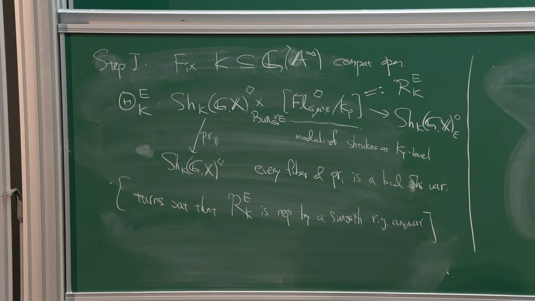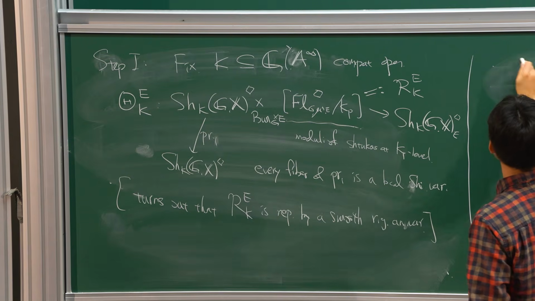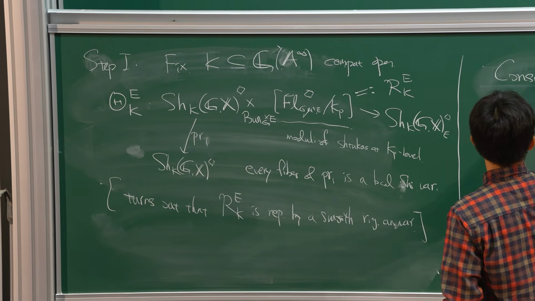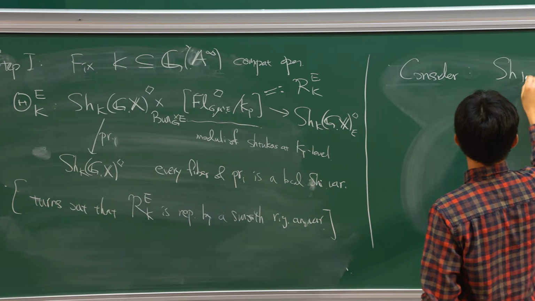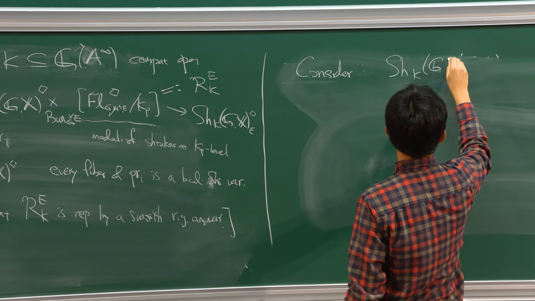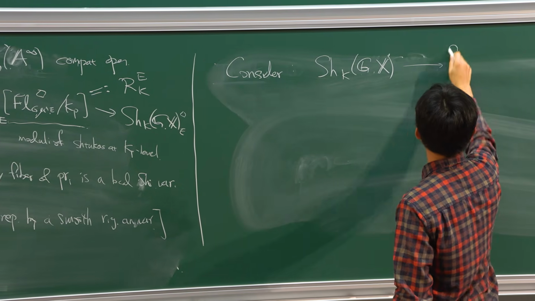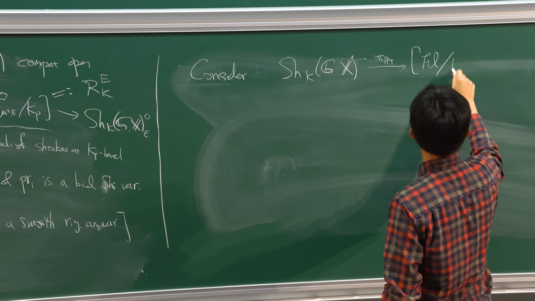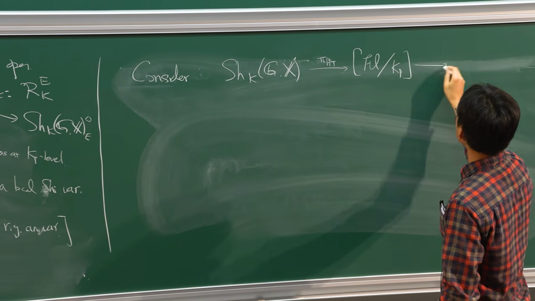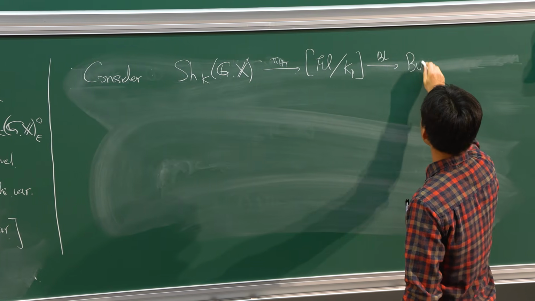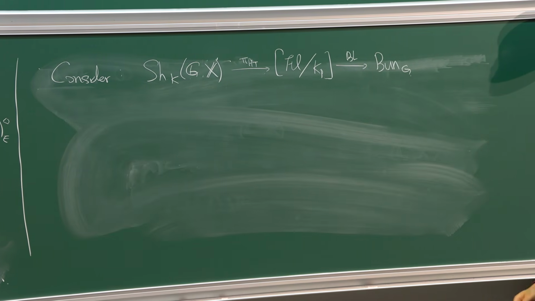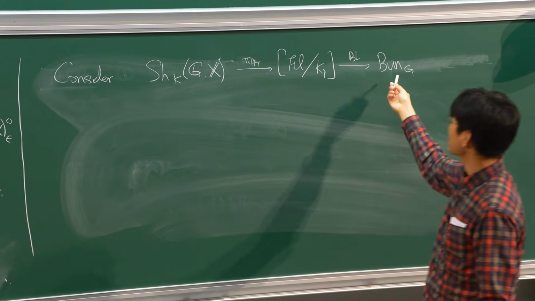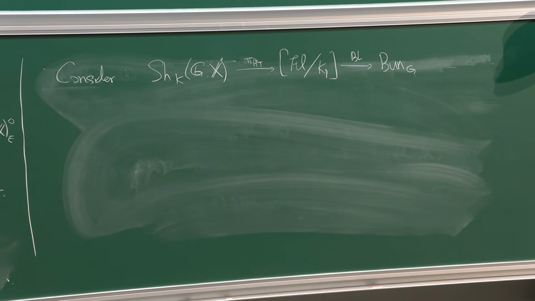So how do I say this nicely? We consider the map from the Shimura variety to this flag variety mod KP and to Bun-G. Heuristically, this is taking a point in the Shimura variety and associating its corresponding p-divisible group up to isogeny.